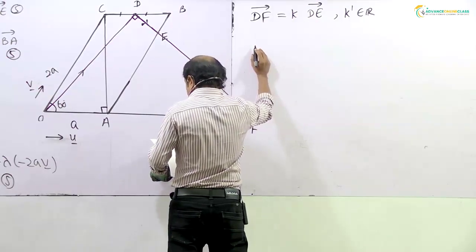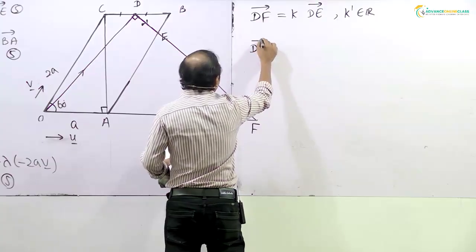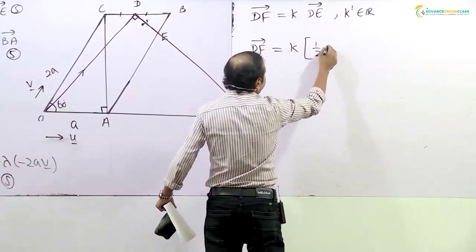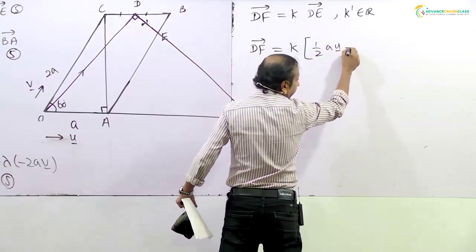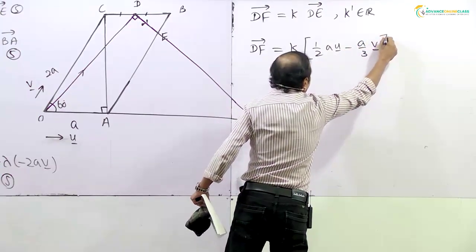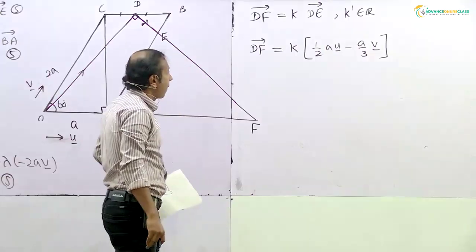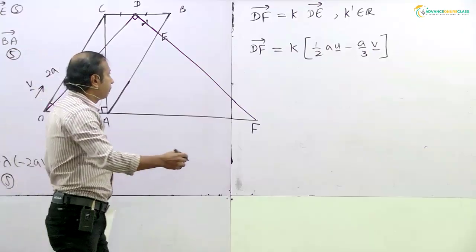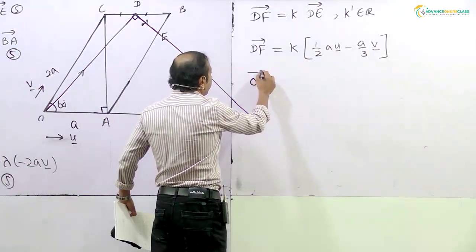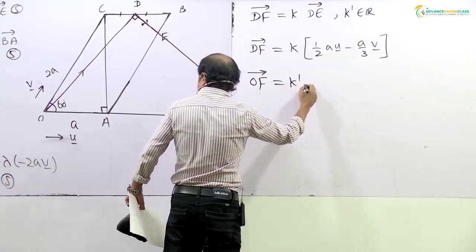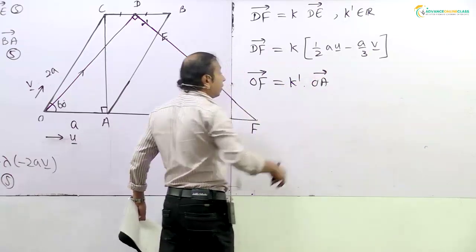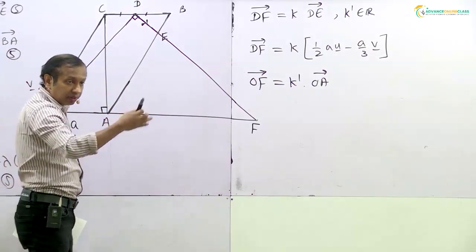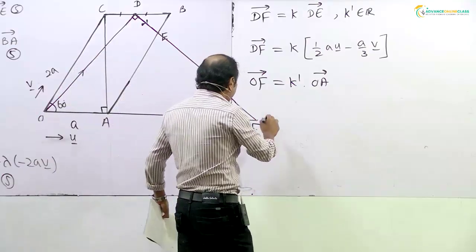And then I can write DF as K times DE, that is half AU, A by 3 V. Or I can write K dash times OA, am I correct? By extending OA, multiplying by something, this OA. Then what is OF?